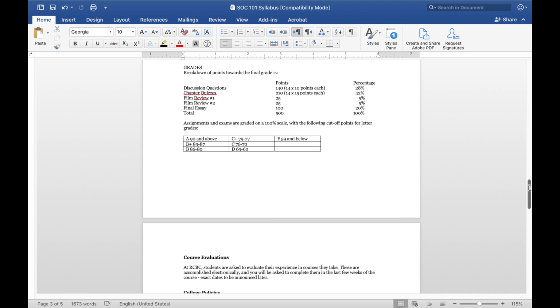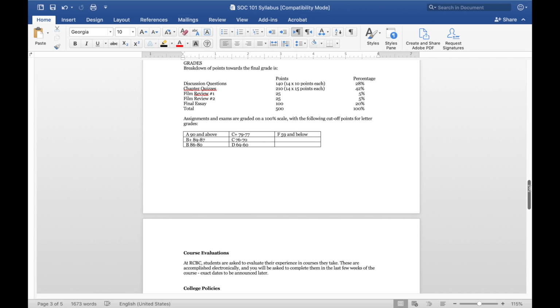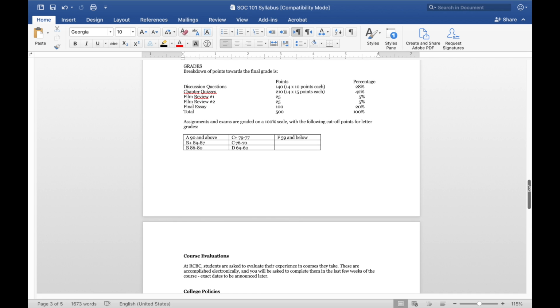So, okay, this is probably the meat and potatoes, if not one of the most important parts of your syllabus, and that is grades. Okay, so he broke it down quite nicely. Like every professor or instructor is going to break it down a little differently, and what the percentages are going to look like is going to be different depending on the assignments, the course material, how they want to do the math, what they value as more important versus the least.